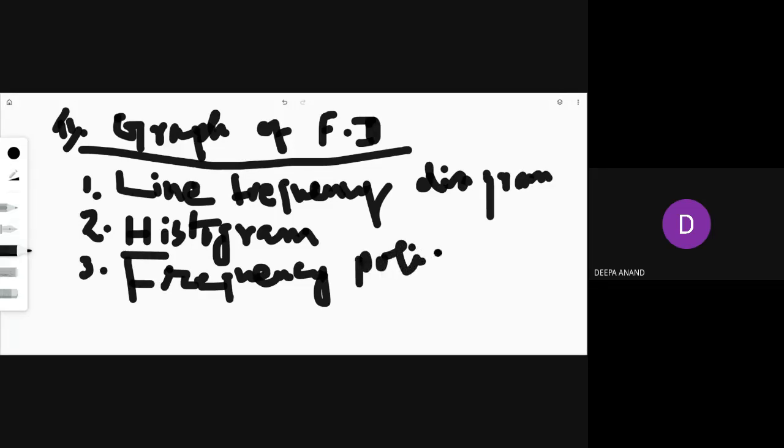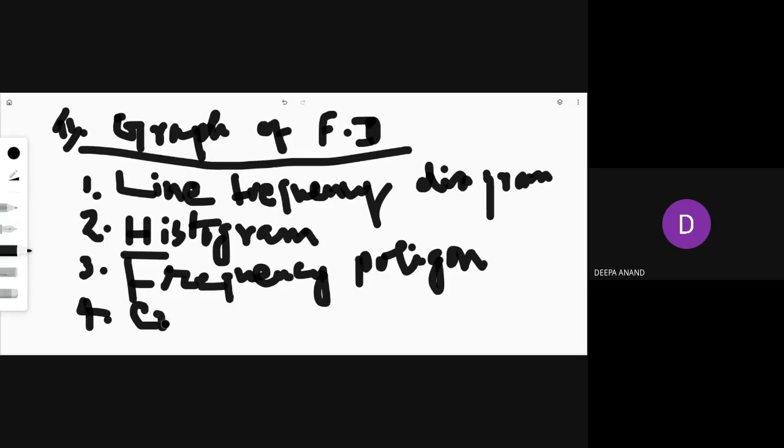Do you remember the word frequency? Yes, ma'am. So what is it? Number of observations. Very good. The number of observations against each item is known as frequency. So frequency polygon and cumulative frequency curve.